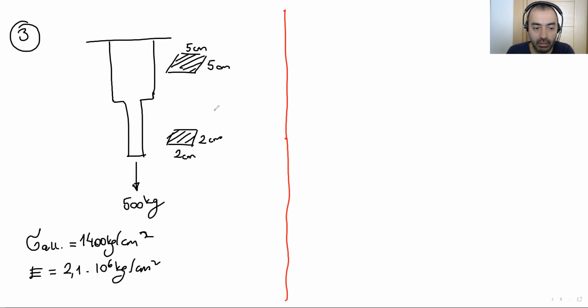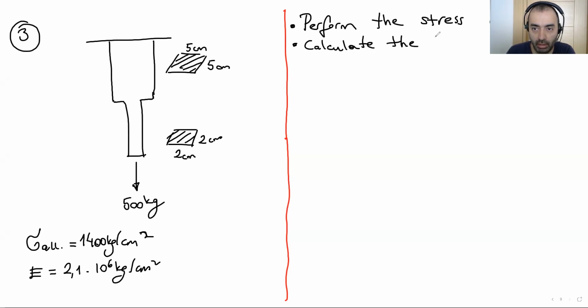Here, perform the stress check and calculate the total elongation. Okay.